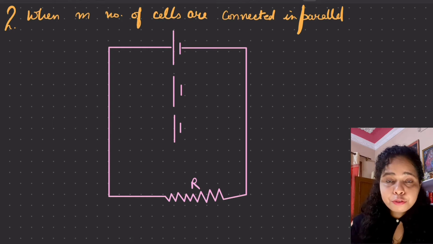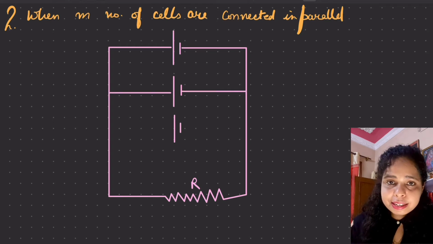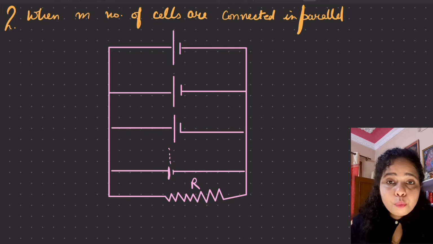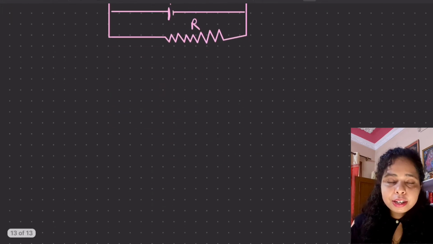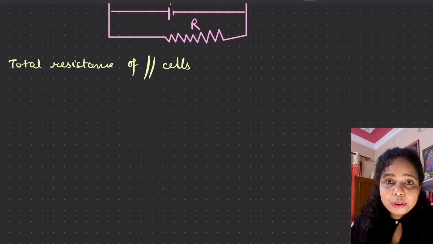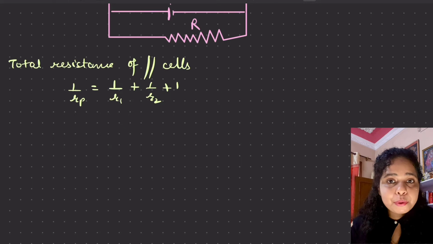Now we have to find the total circuit resistance, as we calculated in the previous case. Then we will calculate the total EMF and then find the amount of current withdrawn from this circuit. If we have m number of cells connected in parallel, we can apply the formula to calculate the total resistance offered by the parallel combination of the cells. For parallel combination we have 1 upon Rp equal to 1 upon R1 plus 1 upon R2 plus 1 upon R3 and so on up to 1 upon Rn.